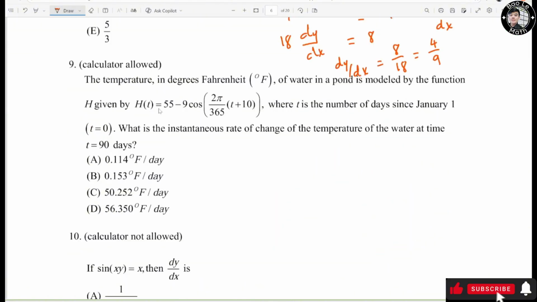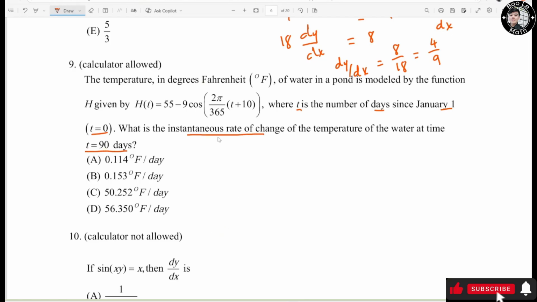Now question 9. The temperature in degrees Fahrenheit of water in a pond is modeled by the function h given by h of t equals 55 minus 9 cosine of 2 pi over 365 times (t plus 10), where t is the number of days since January. So right here, t equals 0. What is the instantaneous rate of change of the temperature of the water at the time t equals 90 days?